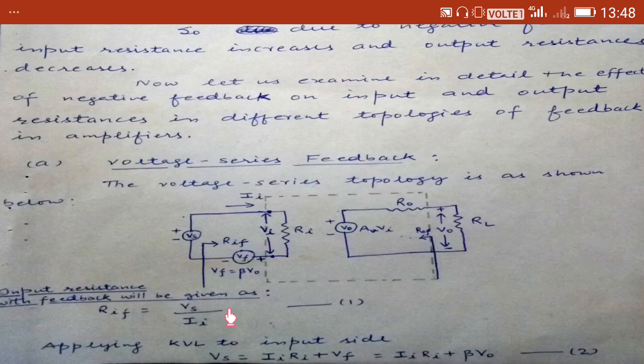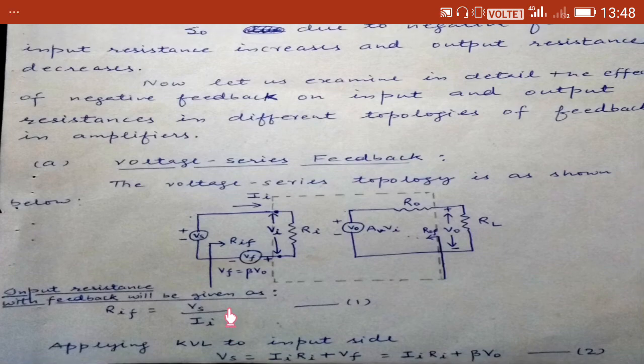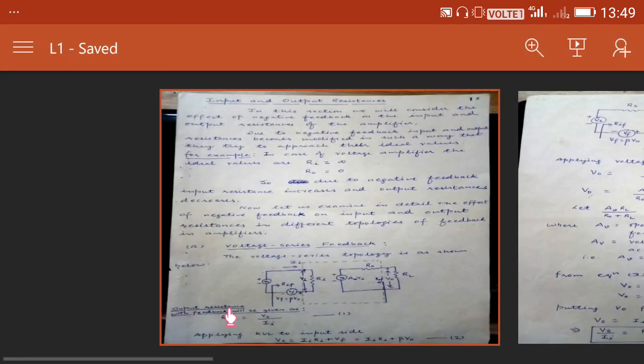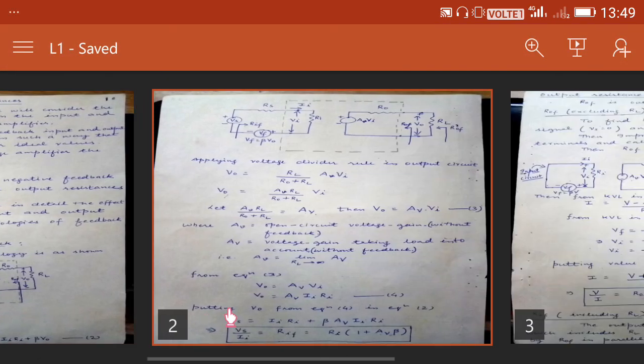And we already know Vf is beta V0. Now to find the ratio of Vs and Ii, we have to find V0 in terms of some input quantity.